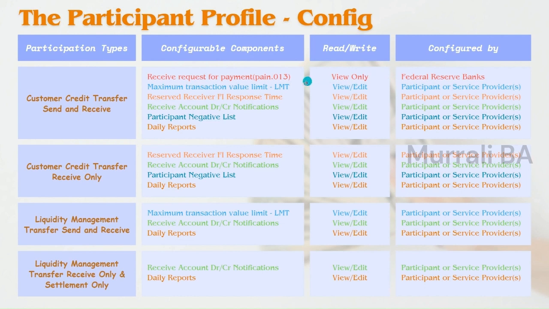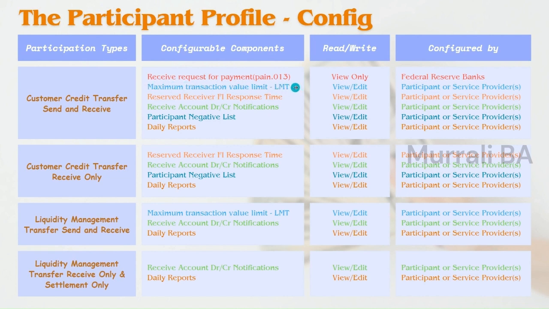The next one is the maximum transaction value limit for LMT. This is the liquidity management limit, meaning FedNow defines that a participant can fund their settlement account with a certain amount of money. You cannot exceed that limit. You can very well have less than that limit, but you cannot exceed it.